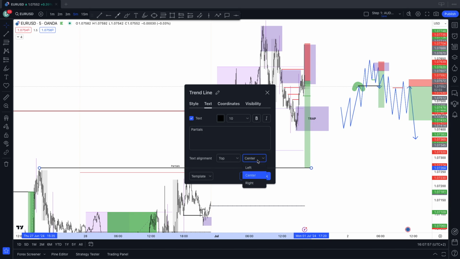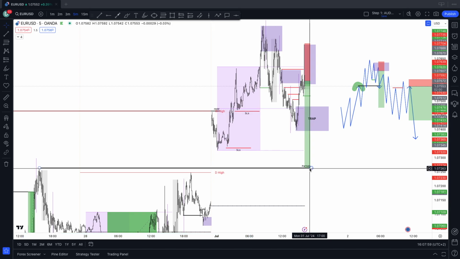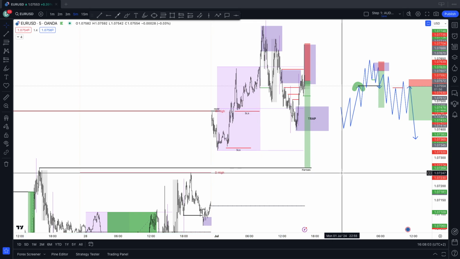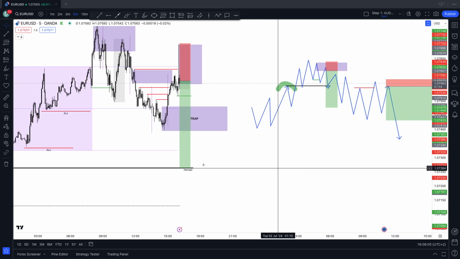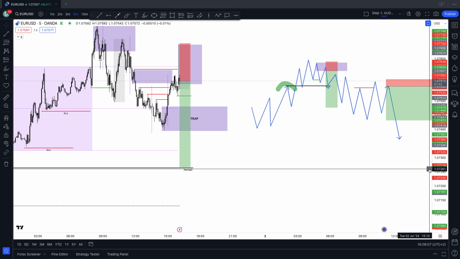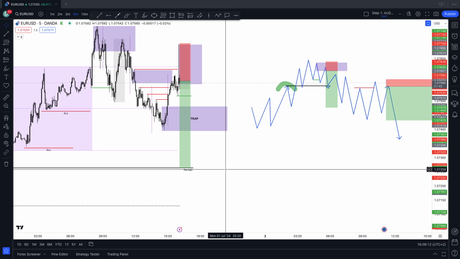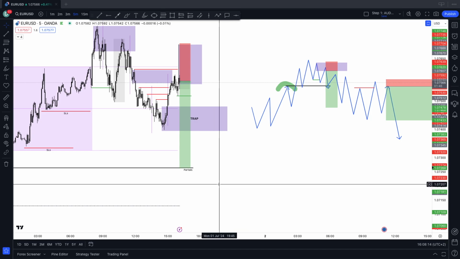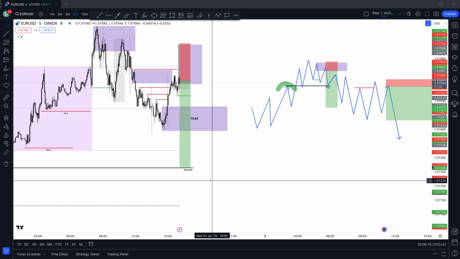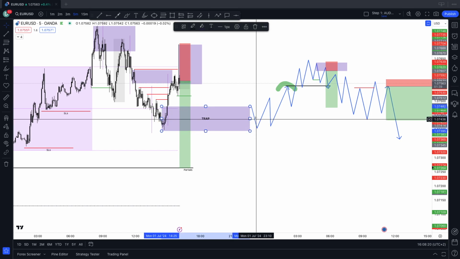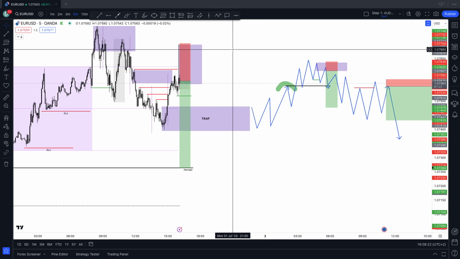Perfect. So I'm going to set an alert on that. And let's see here. This here is going to be a trap zone. Let's go ahead and watch.